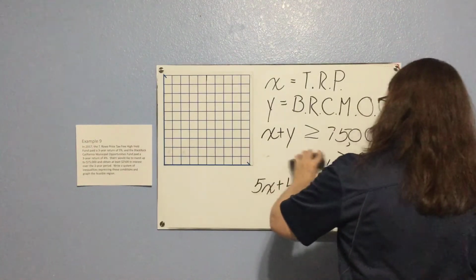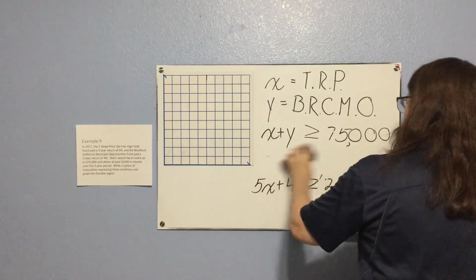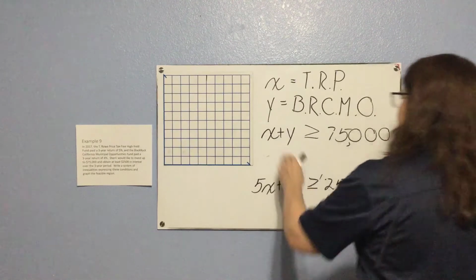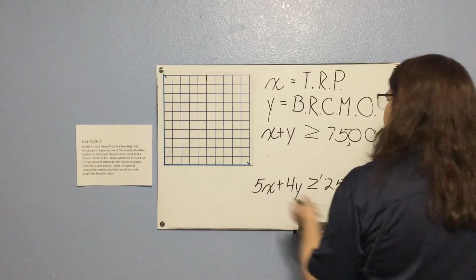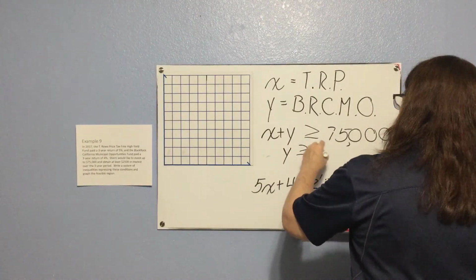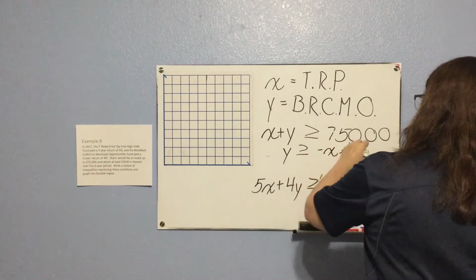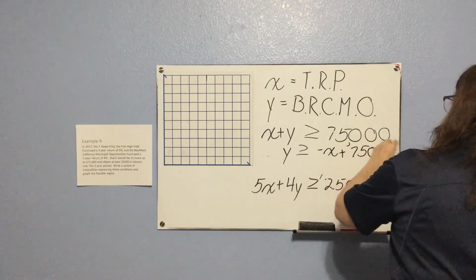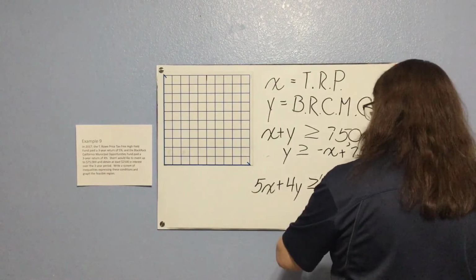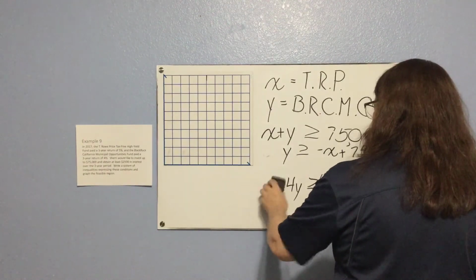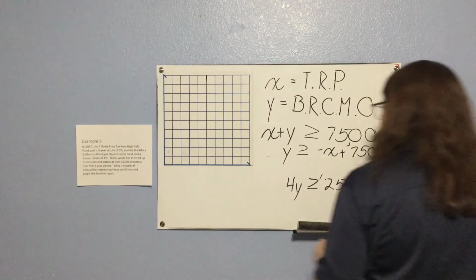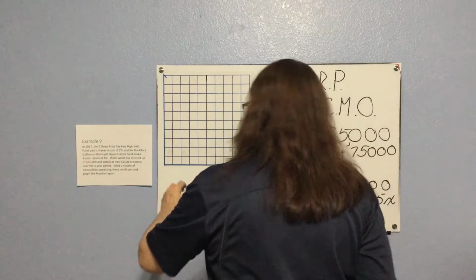So let's get rid of this and figure out how we're going to graph this. If I were to change this into slope-intercept form, I'd have y greater than or equal to negative x plus 75,000. Down here, I can move the 5x over, and now we'll rewrite that, divide by 4.